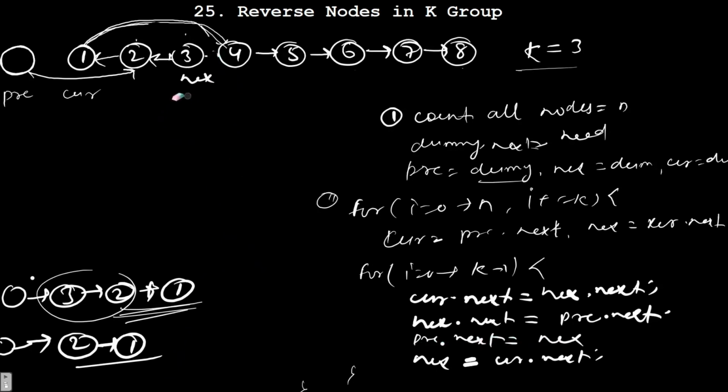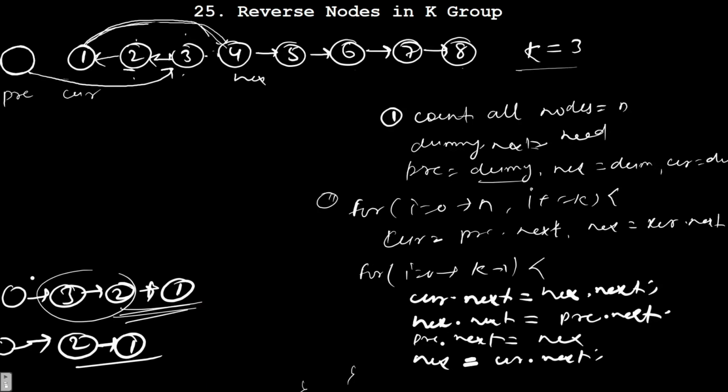Here pre is this, and pre should be pointing to 3. So pre.next is going to our 3, and then next will be updated. So next is going to our 4, next equal to cur.next.